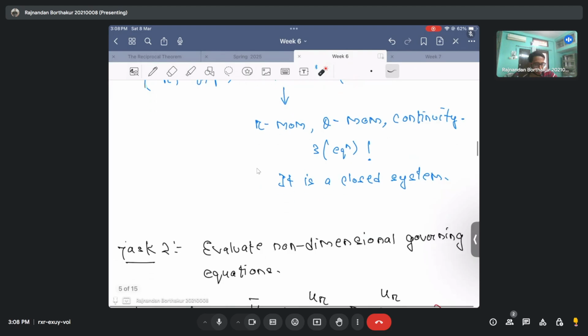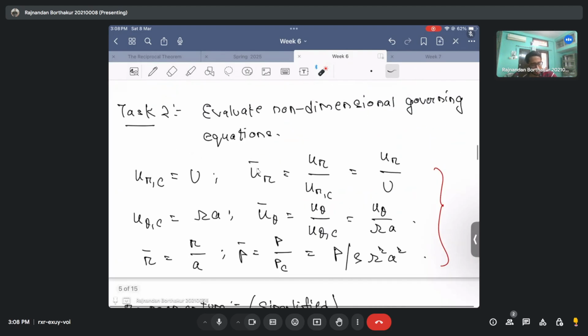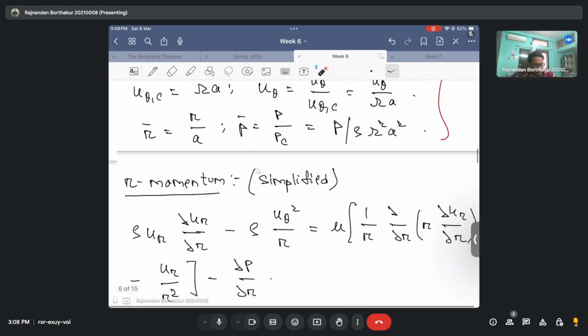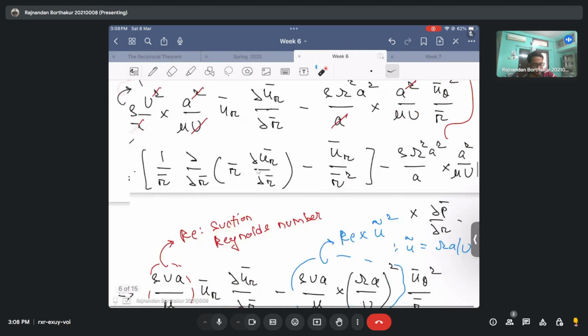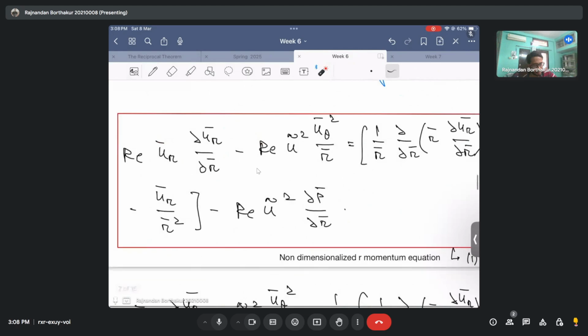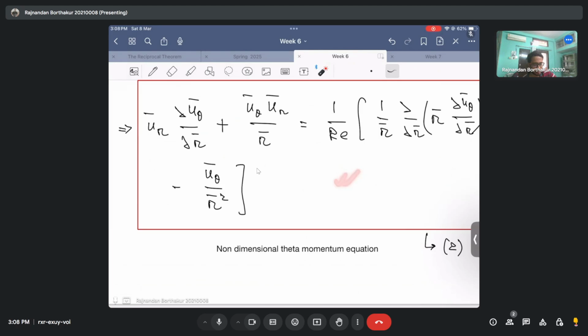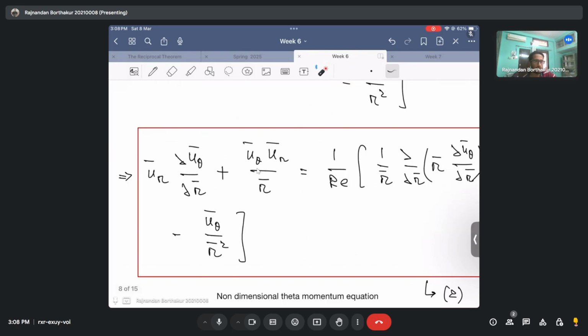We used the characteristic variables to write down the non-dimensional equations by first defining the non-dimensional variables like ur bar, u theta bar, and p bar, and so on and so forth. And then we evaluated the simplified r momentum and theta momentum equations, after successfully doing the math.